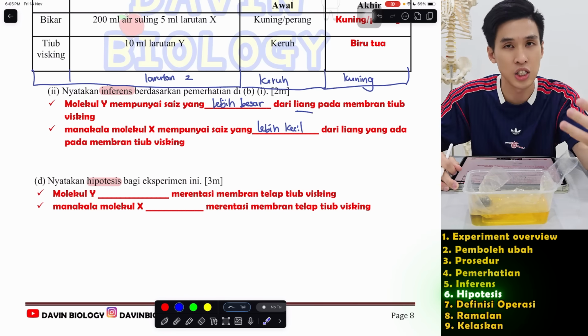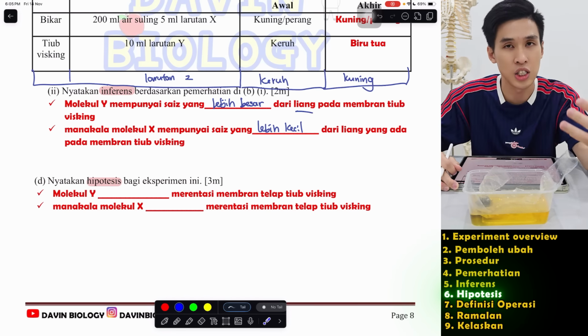So remember, hypothesis for this kind of experiment, you must clearly state the keputusan and don't forget to bandingkan your keputusan. What do you mean by bandingkan? Means you don't just say X boleh merentasi. You must say X boleh, Y tidak boleh. That's the meaning of banding. So you must make sure your hypothesis is like this. You state the keputusan, but got two different. One can, one cannot. One tinggi, one rendah.